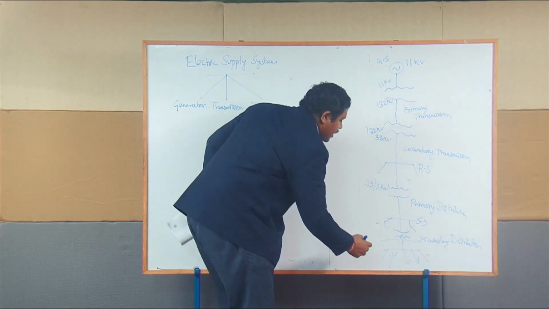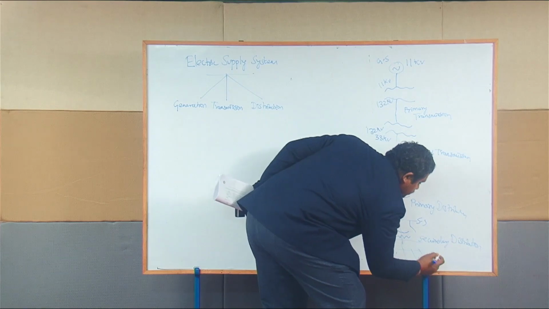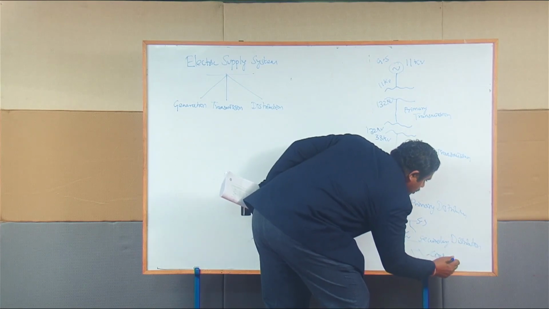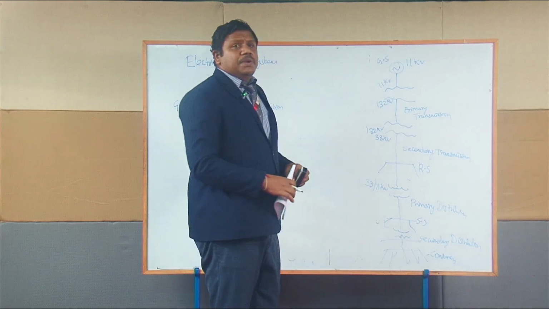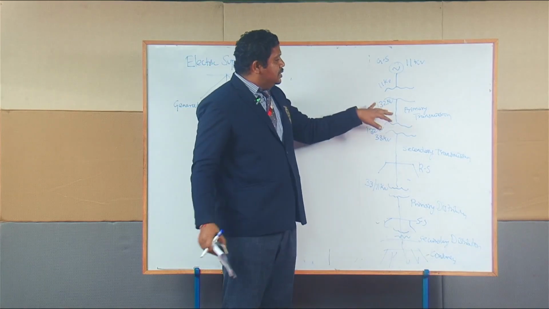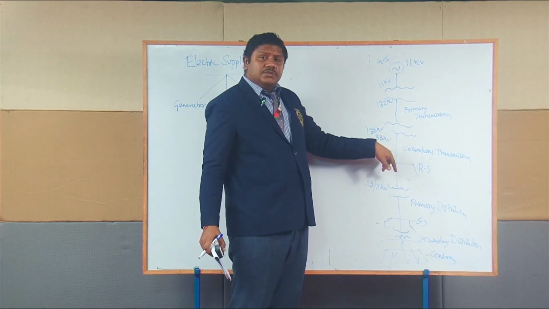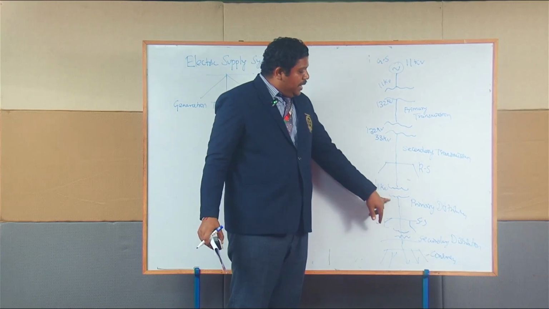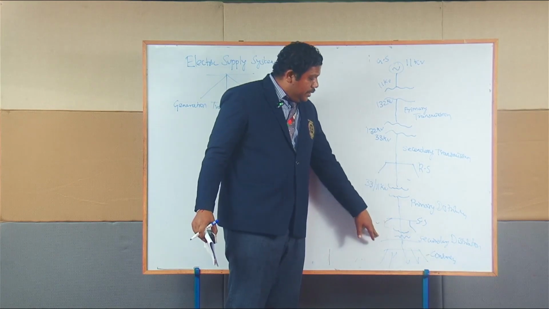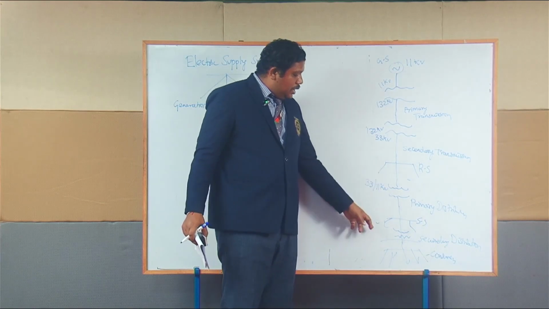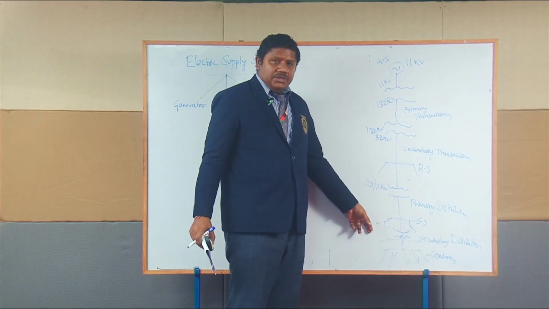At last it's given to the consumers. So this electric supply system has four different levels: the primary transmission, the secondary transmission, the primary distribution, and the secondary distribution. We have two substations in between: one is the receiving end station, another one is the distribution substation.